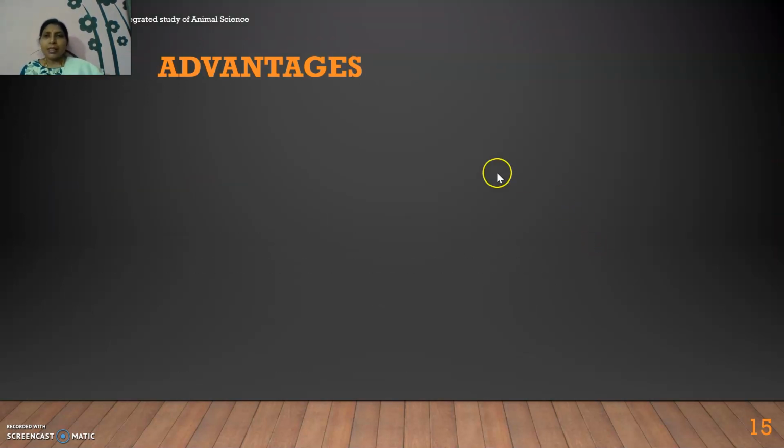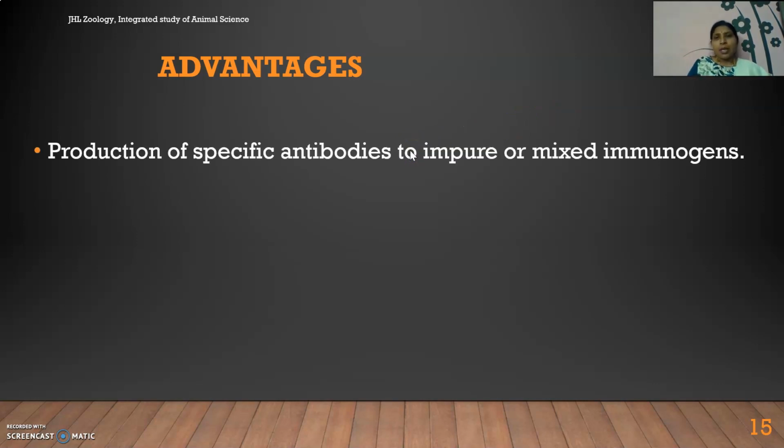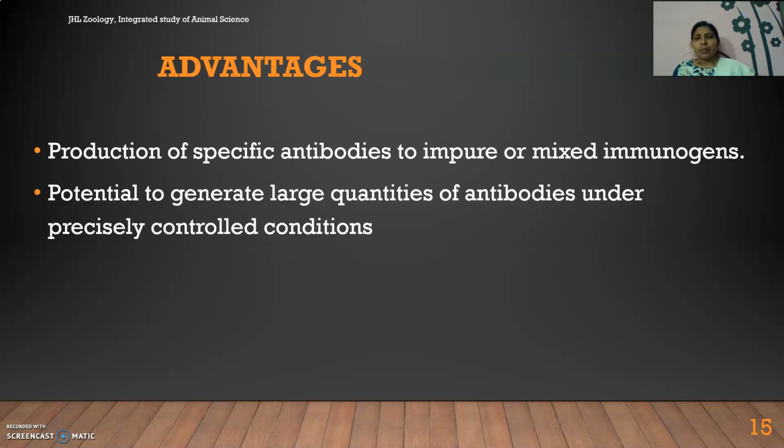There are advantages and some disadvantages in the hybridoma technology. First, let us see the advantages. By this technology, the production of specific antibodies to impure or mixed immunogens is possible.